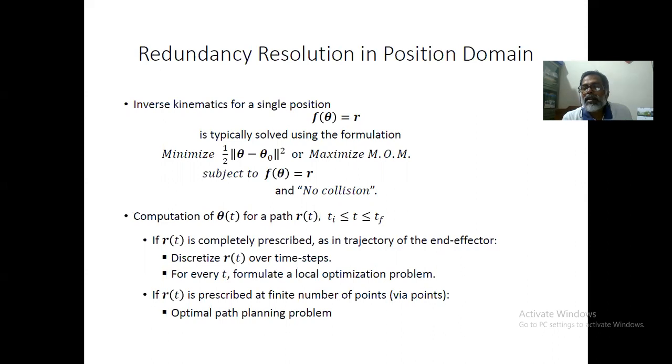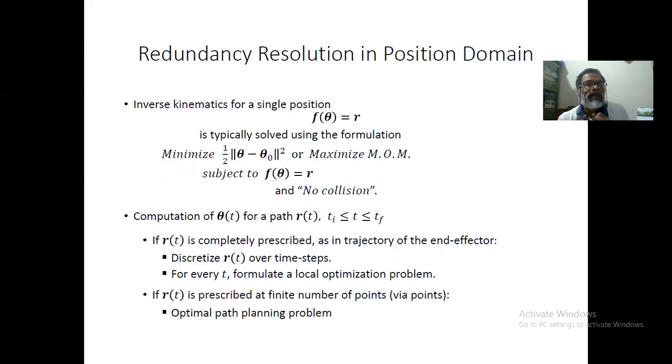Now this is actually a relatively more difficult problem, because in the velocity domain you had linear equations. Here the equations are nonlinear. And for nonlinear equations, you cannot use Newton-Raphson, or Newton's method, straight away because there are infinite solutions, out of which one has to be chosen.